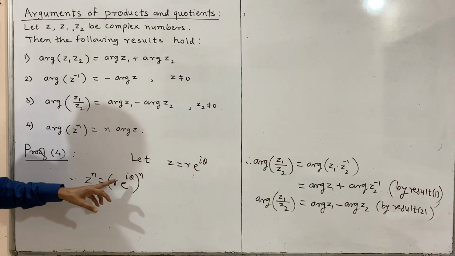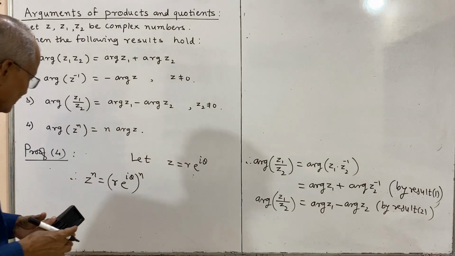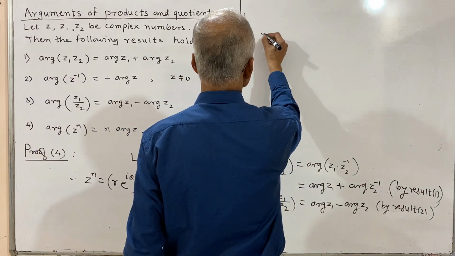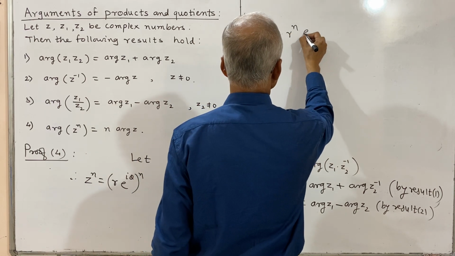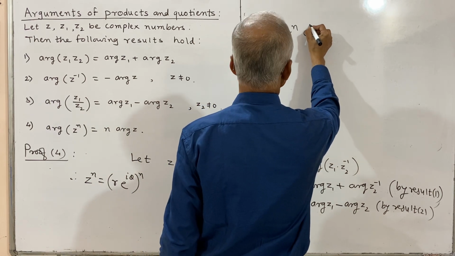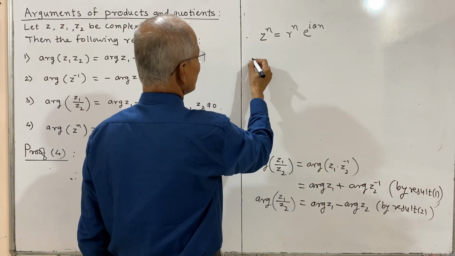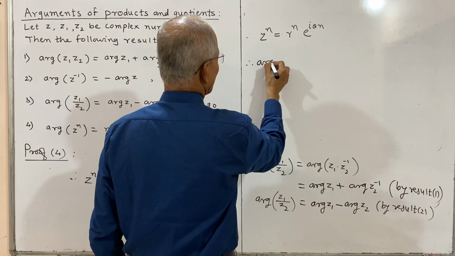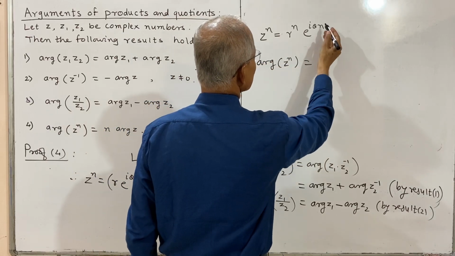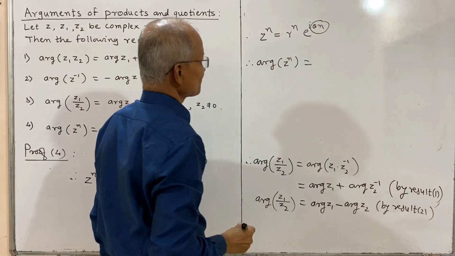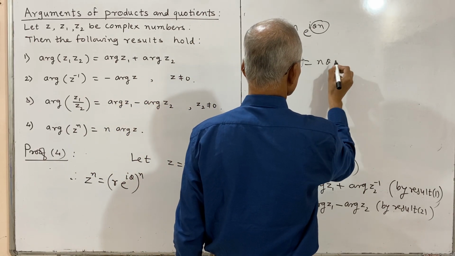So n is any power, it may be an integer or may not be an integer, and z power n is equal to r power n e power i theta n, and this gives the argument of z power n, which is theta into n, or n into theta.